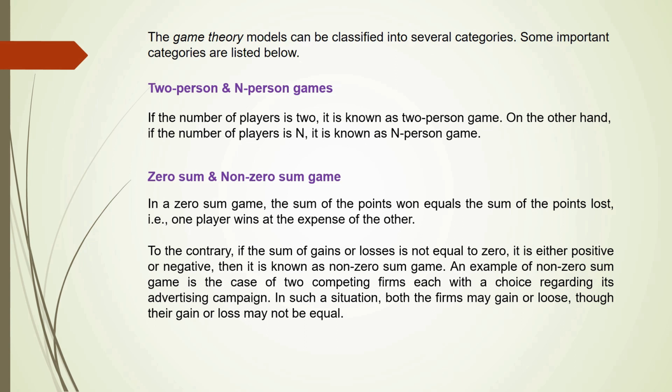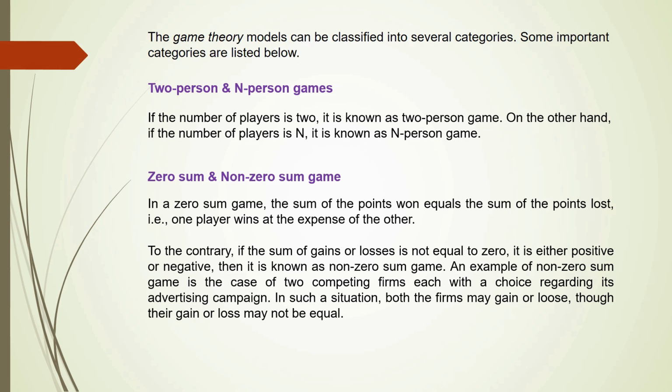To the contrary, if the sum of gains or losses is not equal to 0, it is either positive or negative. Then it is known as a non-zero sum game, which means the value is not 0, which has not been balanced, which has not been equal.